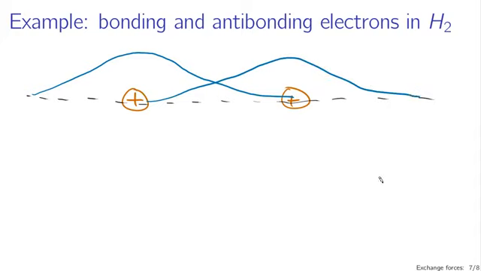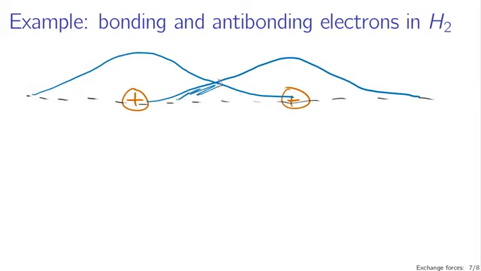Now this is a very crude representation of the wave functions. Obviously, I'm only looking at them in one dimension, whereas in reality these are going to be three-dimensional wave functions. But the picture I'm trying to paint is essentially two n=1, l=0, m=0 orbitals, the ground state orbital for the hydrogen atom, overlapping with each other.